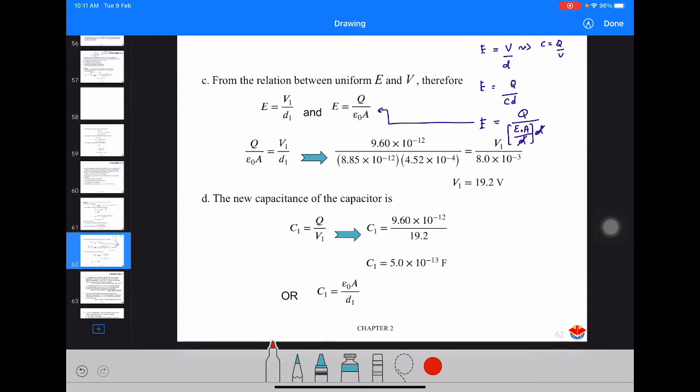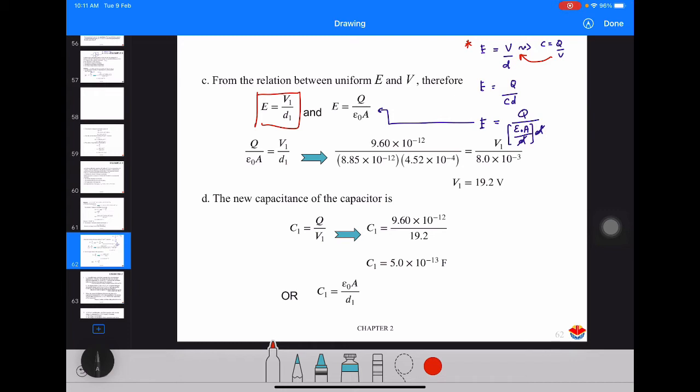If you still remember, the formula for uniform electric field is E equals V over D. And the V, if I relate with C equals Q over V, I wrote here on the right hand side, and then I substitute the V inside here, I will get Q over CD.